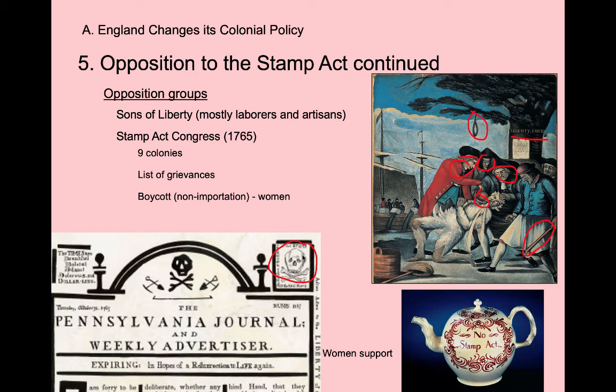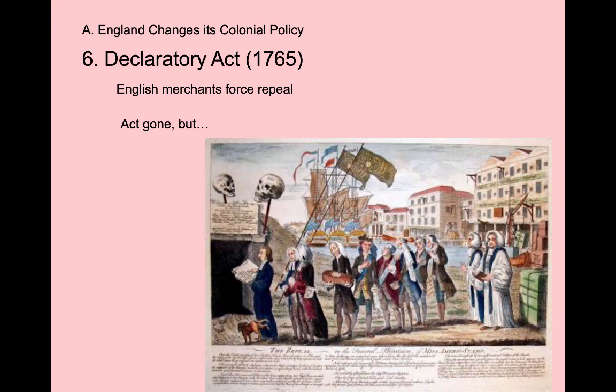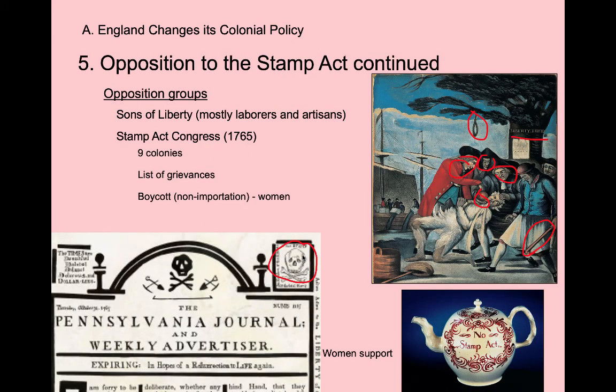And so women did. Here's a great example of how opposition to the Stamp Act was not just all classes of men, but also women involved in the protest as well. So this totally works. Of all of these things, the most important one is the boycott.